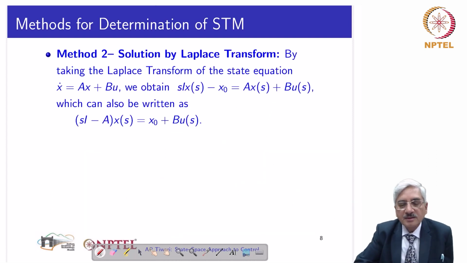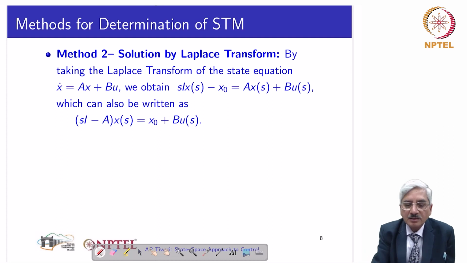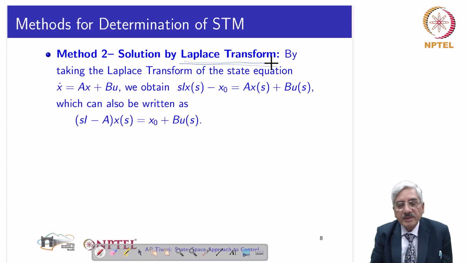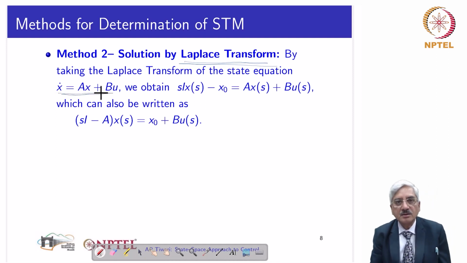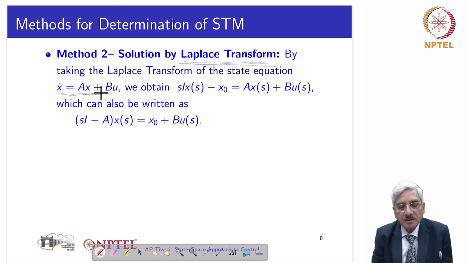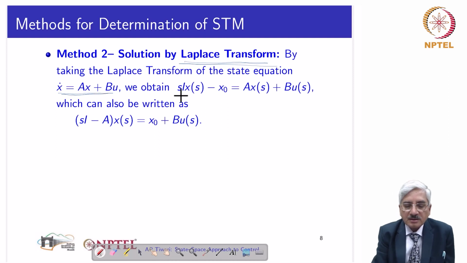We see another method which is based on the Laplace transformation. So if we take the Laplace transform of the given state equation x dot equal to Ax plus Bu, all its terms, x dot gives s times identity matrix times X(s), the Laplace transform of x, minus the initial state x(0), which is equal to A times X(s).